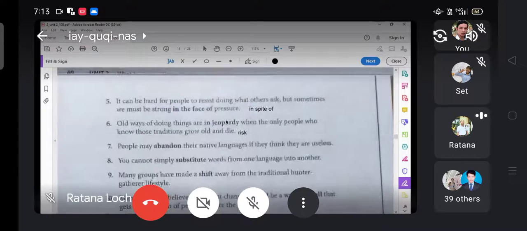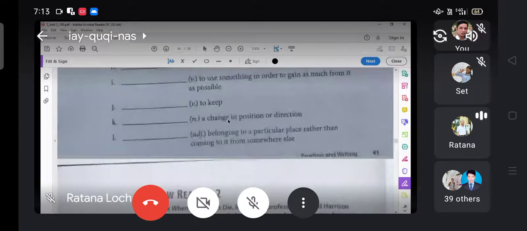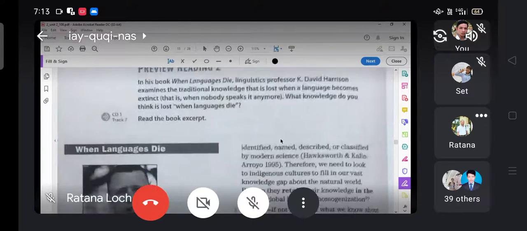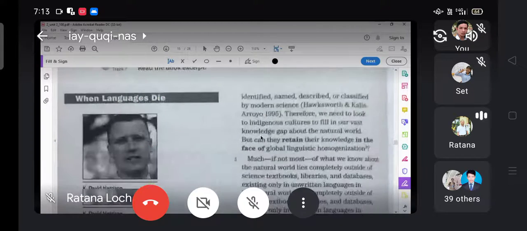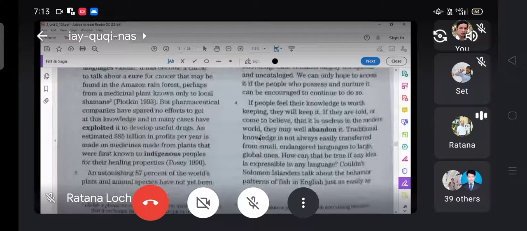Indigenous. Okay, indigenous. You can say indigenous: belonging to a particular place rather than coming to it from somewhere else. Okay, so that's all.